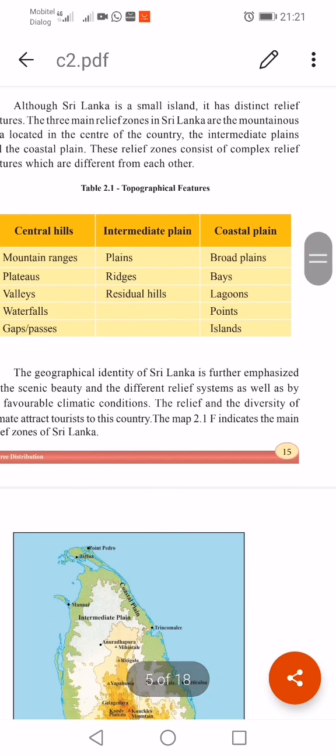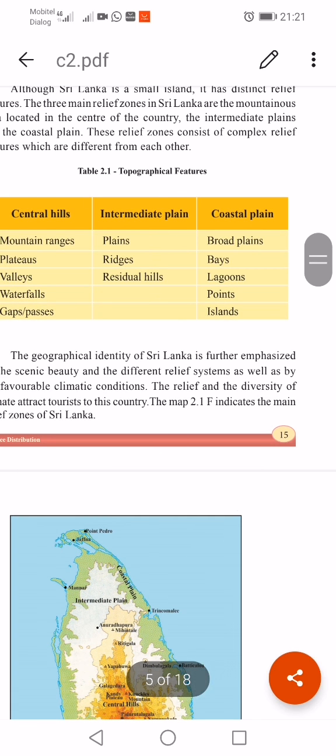In the intermediate plain we can mainly see plains. The first thing you will think of is the Horton Plains, right? It is a very large area, and a large flat area is called a plain.